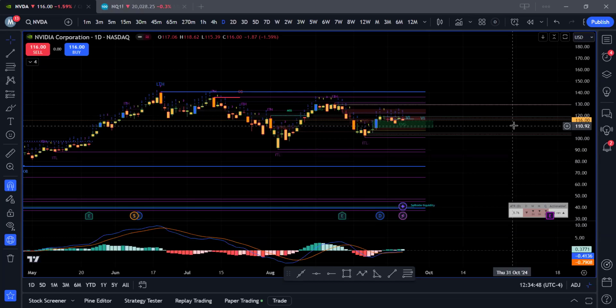Remember, whether you use strat or ICT, or honestly for most strategies unless it's scalping, from a swing standpoint the higher time frames are what you pay attention to, and then you set up your trade within the lower time frames. We like to see what the quarter, month, and week are doing, so that can set up our daily, because we're using the higher time frames to get our bias.